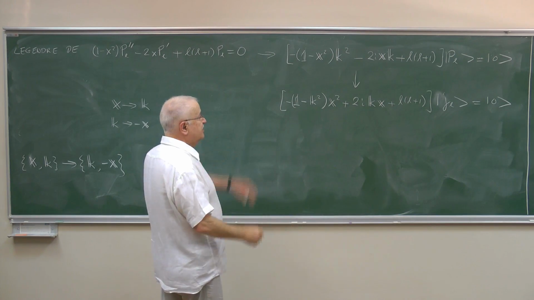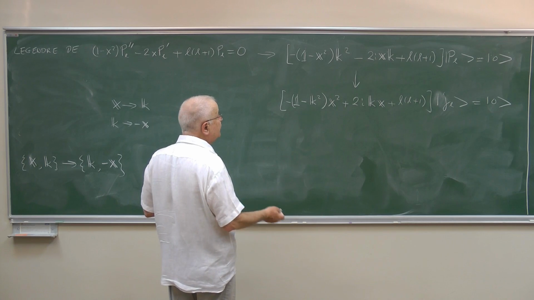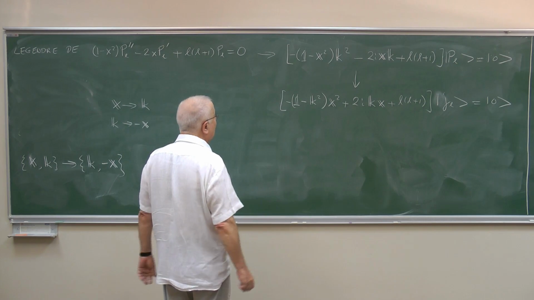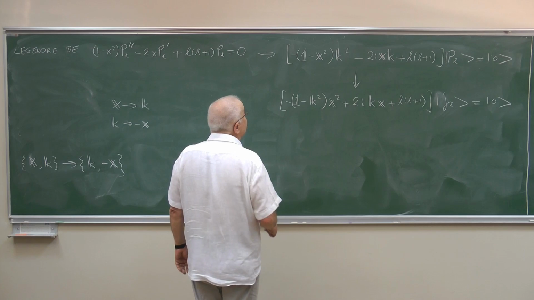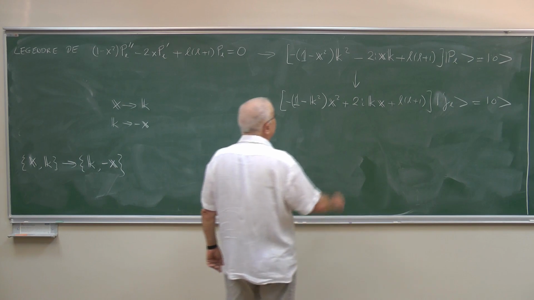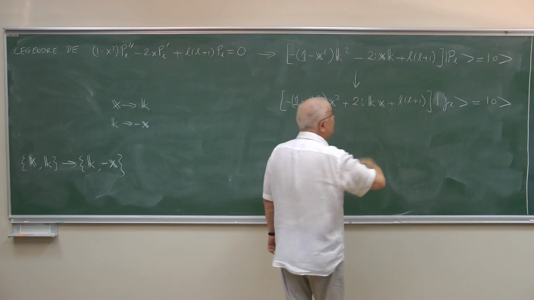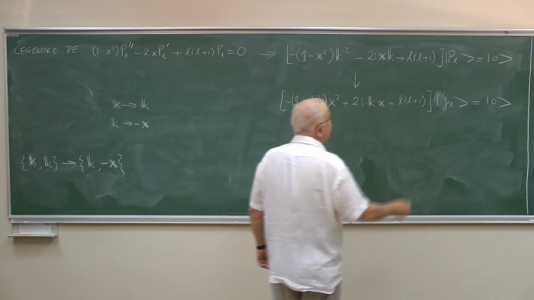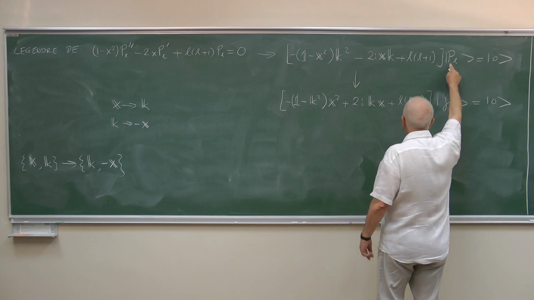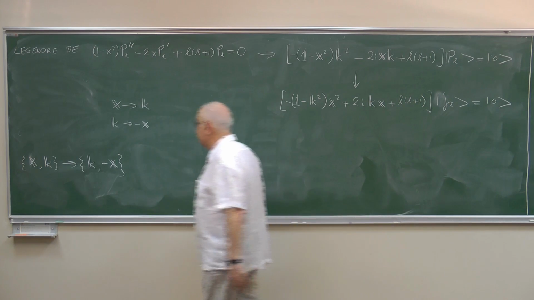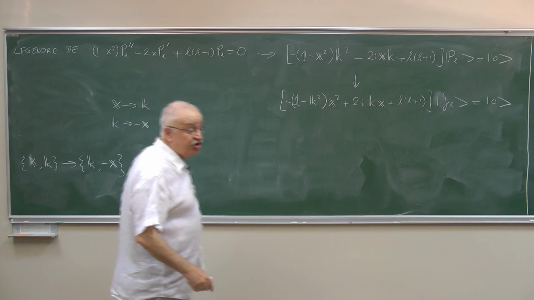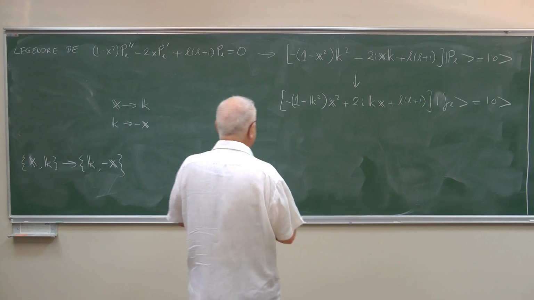Now, this is not a differential equation that we would like to work with. Why? Because in a normal differential equation, I want the k square or k on the extreme right, so that it will hit this ket and it will differentiate it. So I must change the order of these things.